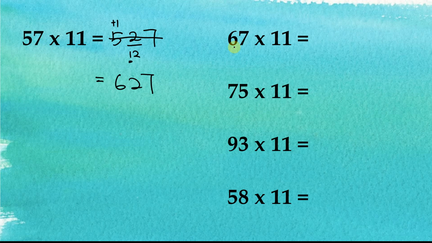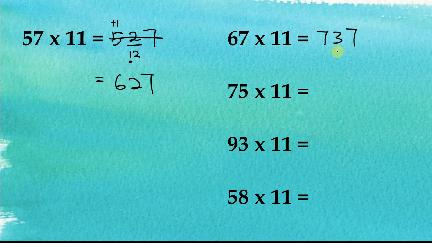Okay, so now let's see this example. 67 multiplied by 11. We know that the sum of 6 and 7 is more than 10. Therefore when we write the first digit, we do not write 6, but we write 7, because we know that the sum of these two digits is more than 9. The second digit, 7 plus 6, we have 13, so this is 3, and the last digit is 7.